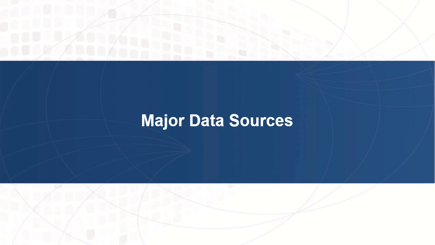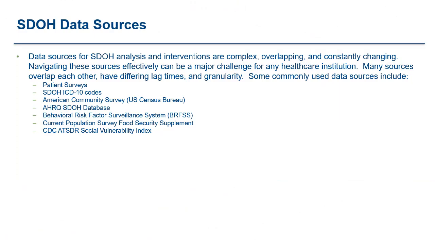So how do we identify people who live in those domains? Now, there are a number of major data sources that are available that can be linked with the patient's experience, that a healthcare provider and healthcare services can use to make some of these kinds of calls. Some of the sources out there include things such as patient surveys. There are a series of what are called ICD-10 codes that can help identify different social determinants of health issues.